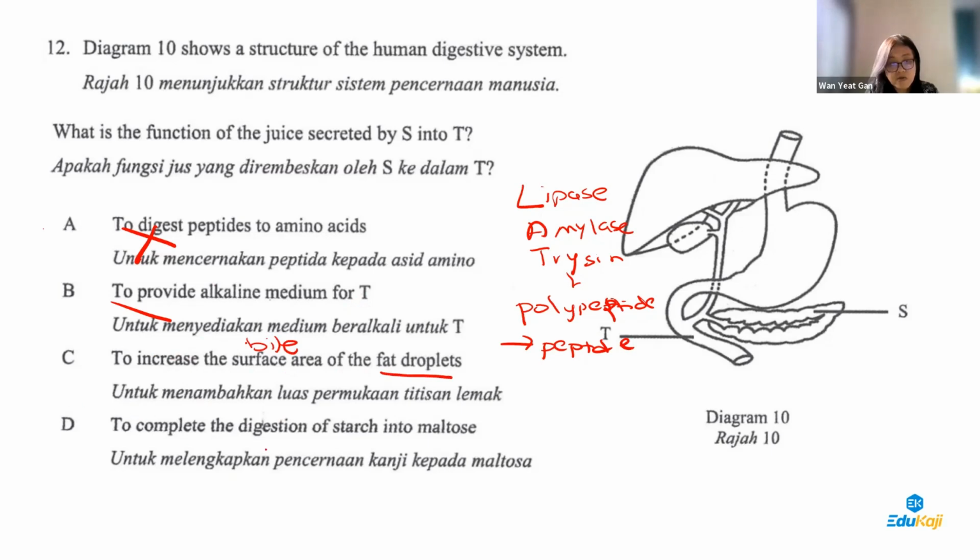And D, to complete the digestion of starch into maltose. Yes, this is correct because the pancreas secretes pancreatic amylase, which hydrolyzes starch into maltose. So the answer is D.